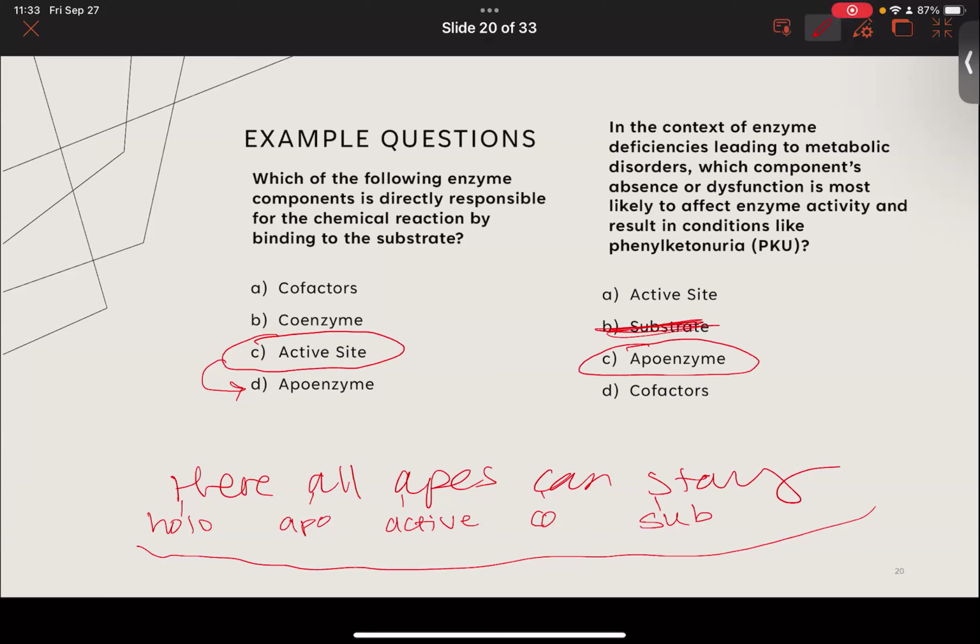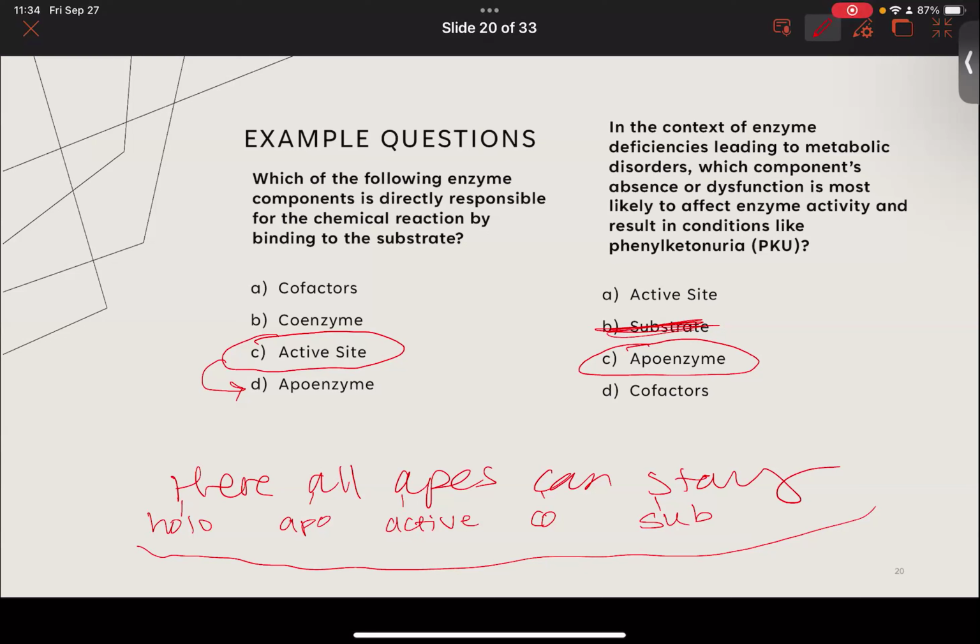And then D would be the cofactors. Again, these are the things helping the whole thing function properly. If you needed cofactors to work because you are a conjugated enzyme and you are no longer able to associate with those cofactors because of a genetic defect, that's still the apoenzyme that's having the problem, not the cofactor. So it's typically going to be the apoenzyme here that would be the issue. It's the part that would be actually doing the work, helping overcome that activation energy.